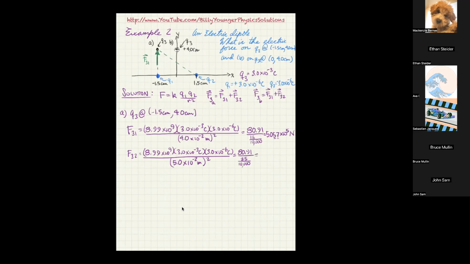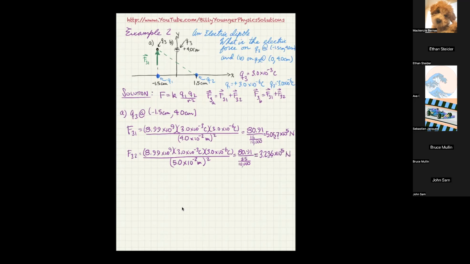Okay. So I'm going to do divided by 0.05 squared in parentheses, and that gives me 3.236 times 10 to the 5th newtons.